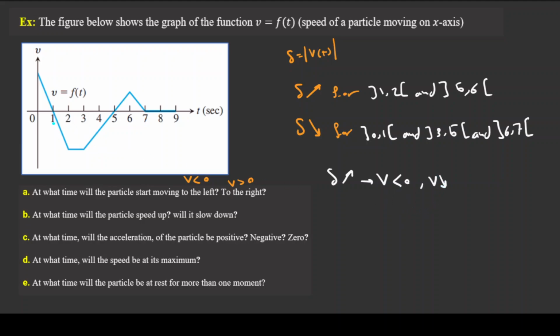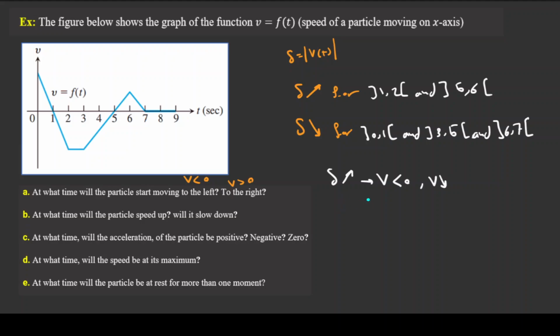When velocity is negative, under the x-axis, the values are negative 1, negative 2, negative 3, but the absolute value increases. So if velocity is negative and decreasing, speed increases, because negative 1 has absolute value 1, negative 2 has absolute value 2. Then the particle speeds up when velocity is under the x-axis and decreasing.